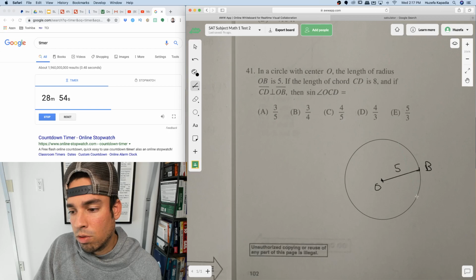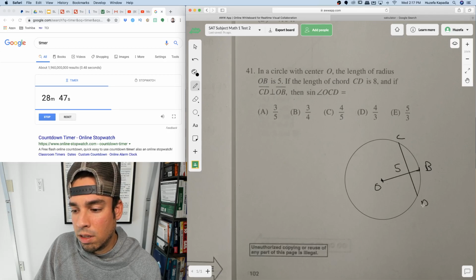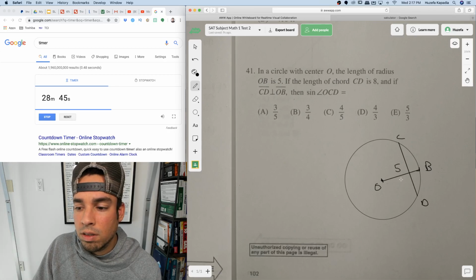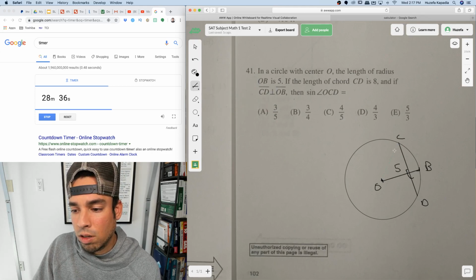Let's draw it out real nice. And then this is CD, and this length is 8. These are perpendicular. Then OCD, let's make a little triangle.